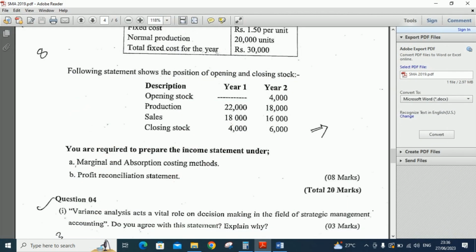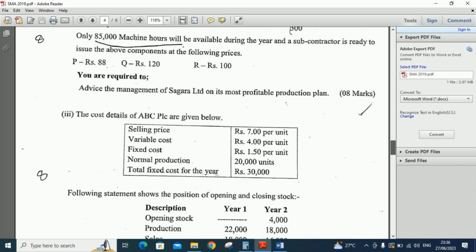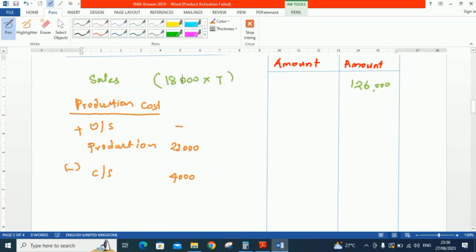In the question paper, they gave the variable cost per unit as 4 rupees, so we should multiply by 4 rupees.